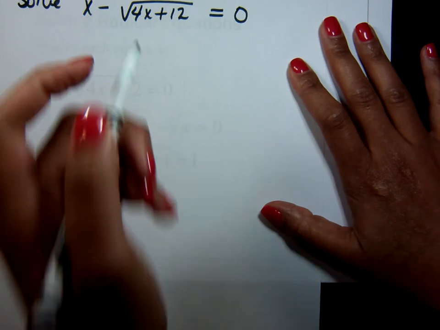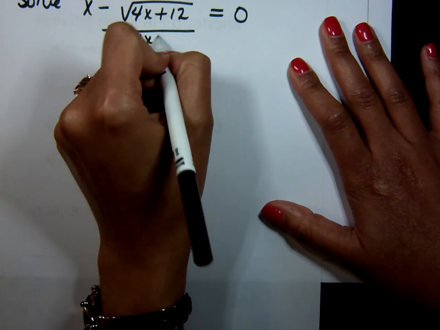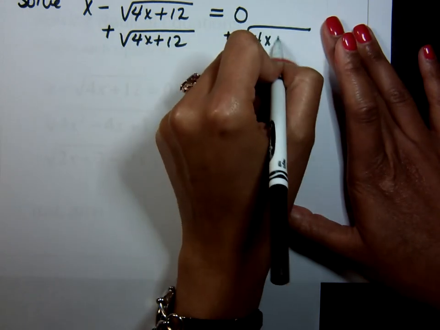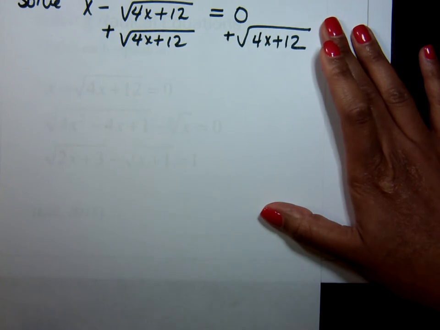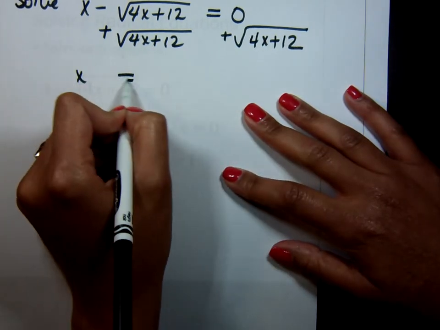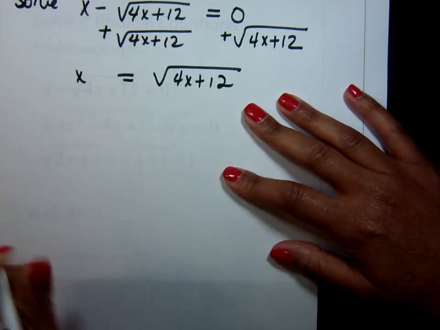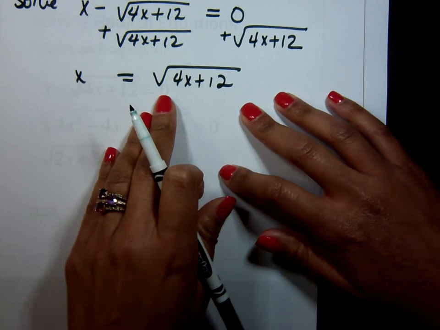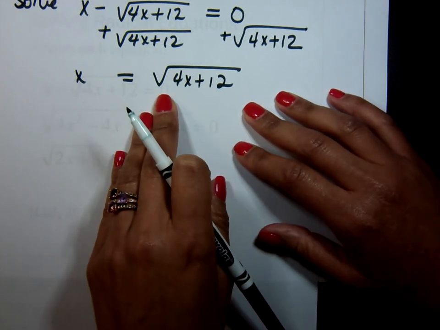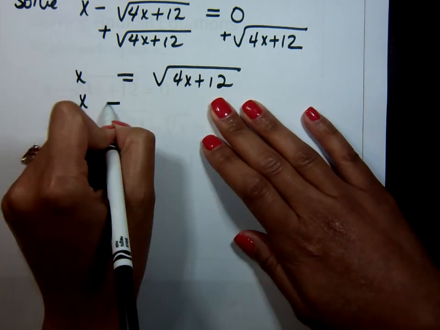On one side, so I want to move this to the opposite side. That way it's on the right-hand side of this equation, off to the right by itself. When we do this and we bring down x, we get x is equal to the square root of 4x plus 12. Now we were lucky. In this problem we have only one radical expression. So therefore it's now isolated, and now I can go to step 2.